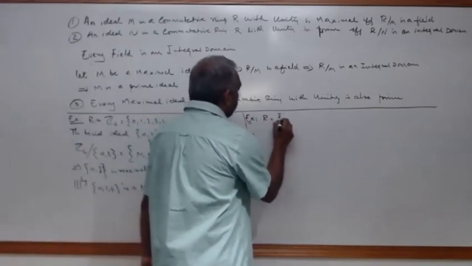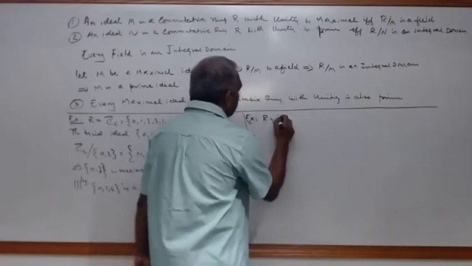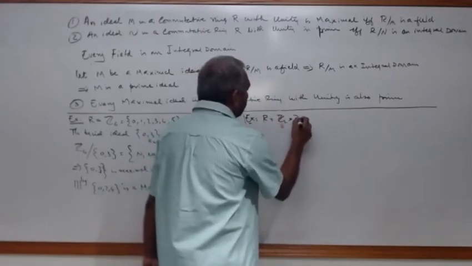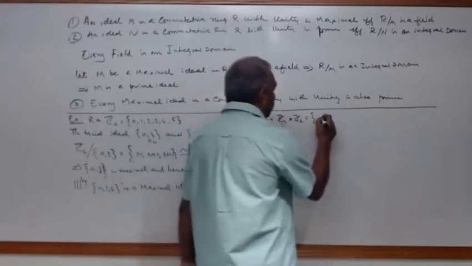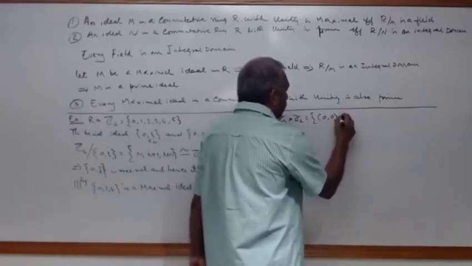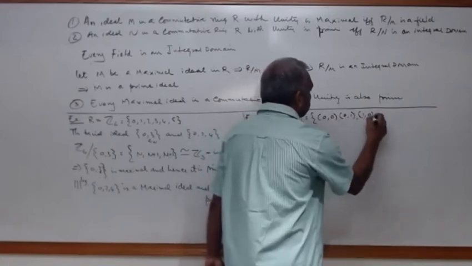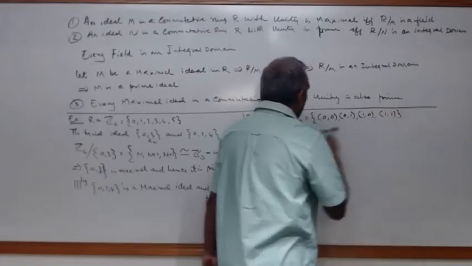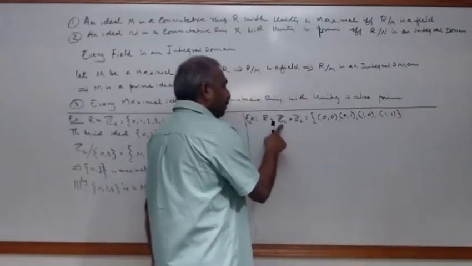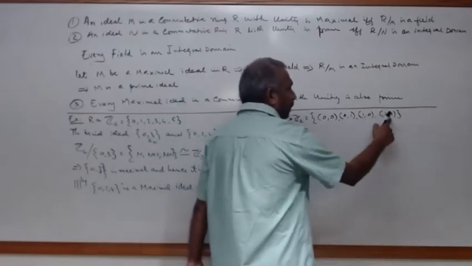R is equal to Z2 cross Z2, a collection of ordered pairs. You can find this is a commutative ring with unity, with (1, 1) as the multiplicative identity.